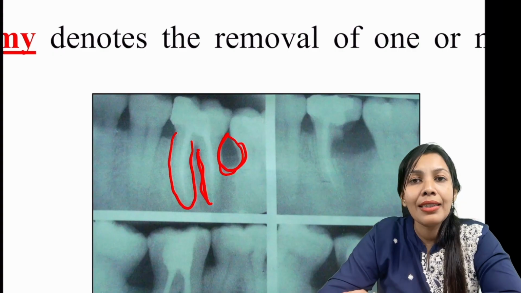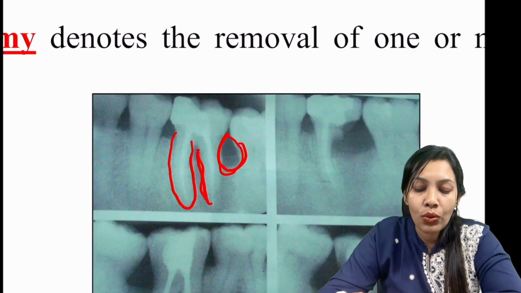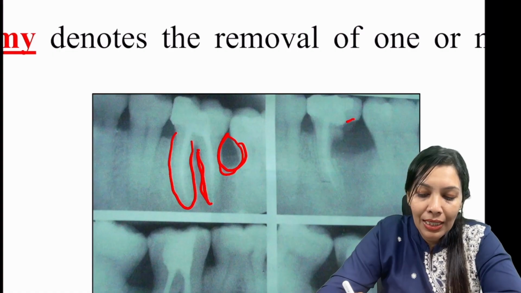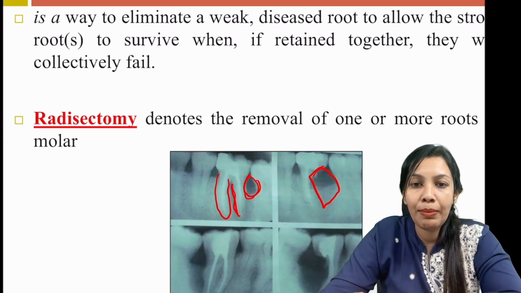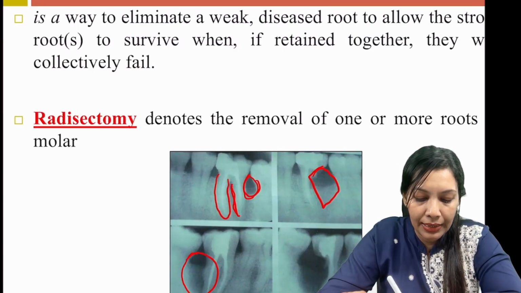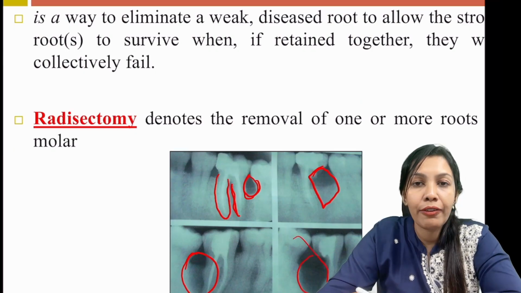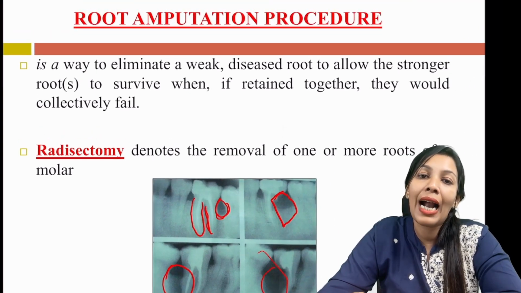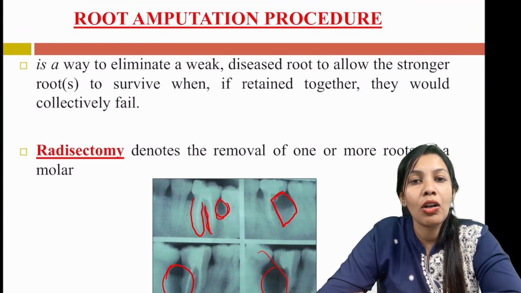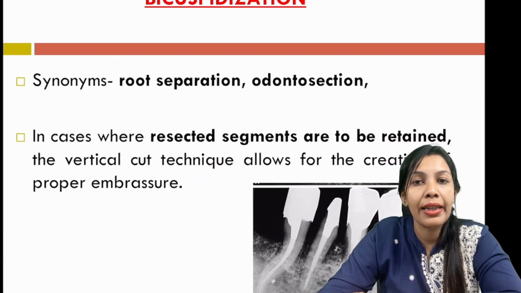Rather than extracting the entire tooth, we can just cut the unwanted root. Similarly in the second case, you can see there is loss of bone, so they just cut off the unwanted weak diseased root. That is called radisectomy. Radisectomy is a method of removal of one or more roots in the molars.